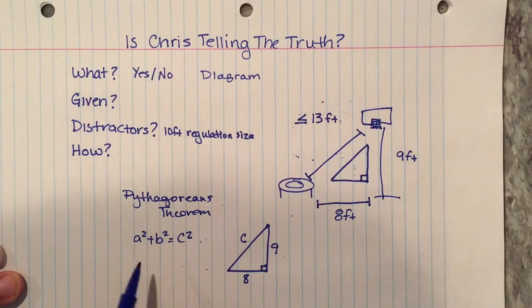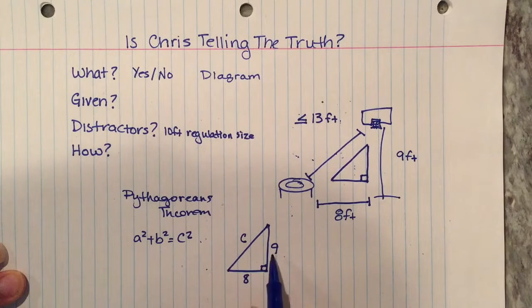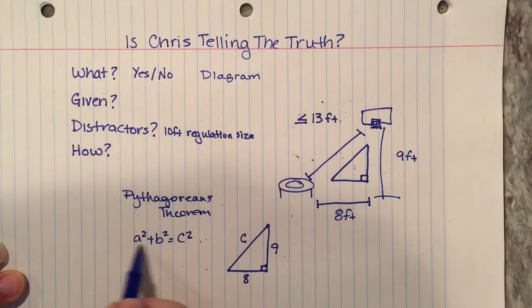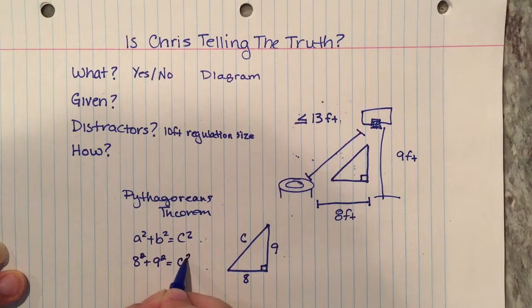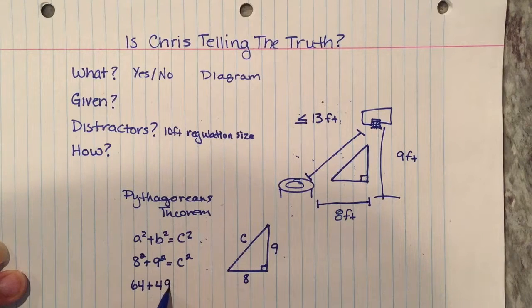So I'm going to go ahead and identify that C so I don't get confused when I fill it into my formula. All right, so the legs of the triangle can be filled in as A and B. So I'm going to write 8 squared plus 9 squared equals C squared. Now I'm going to square both the 8 and the 9. 64 plus 81, equals C squared.